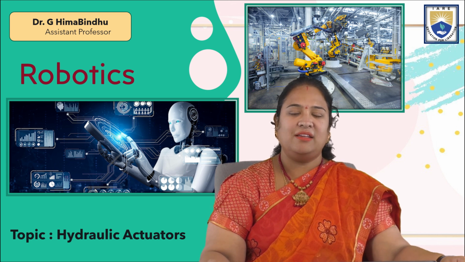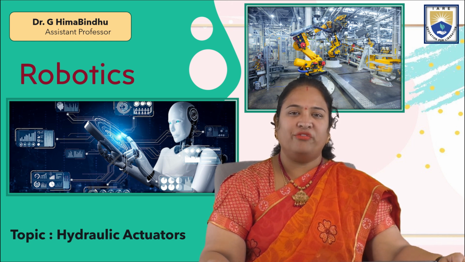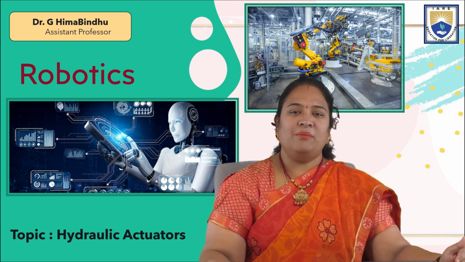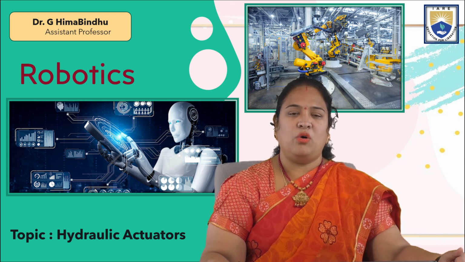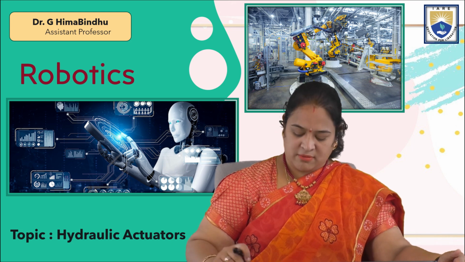Let us recap what the use of an actuator is. An actuator is something which is used for the movement of the robot's manipulator. When the manipulator has to move or change its position or orientation, the actuator plays a very important role in robotics.